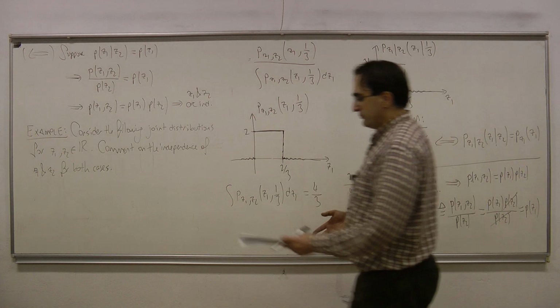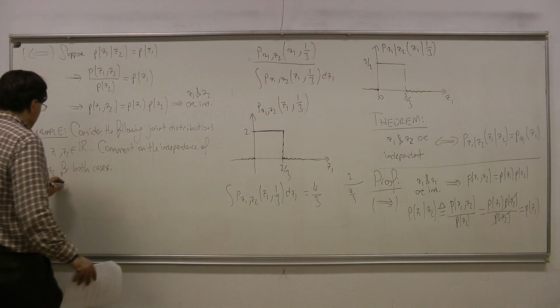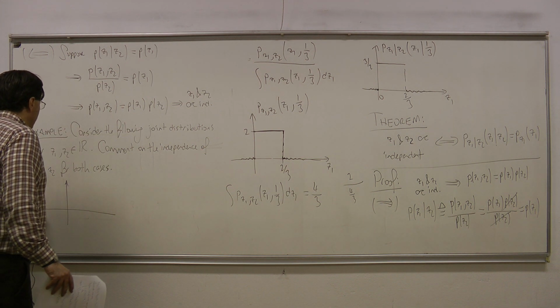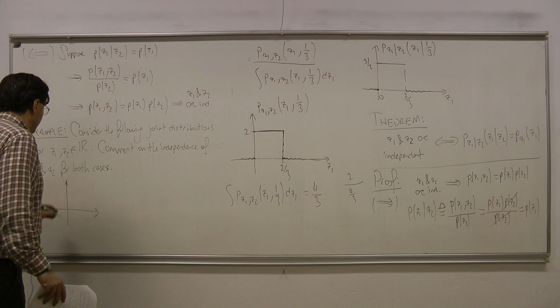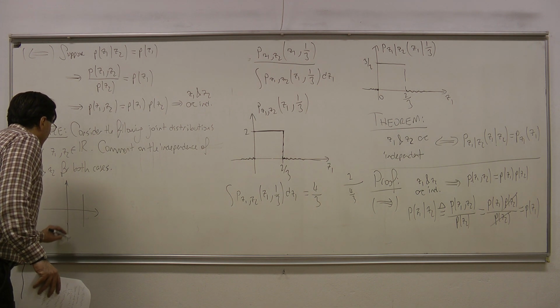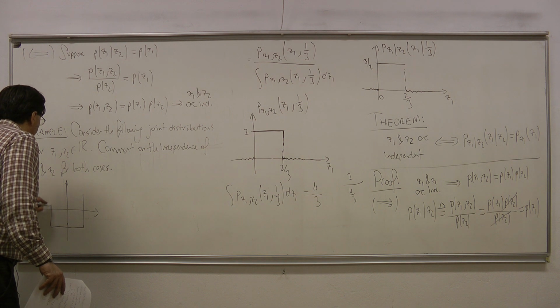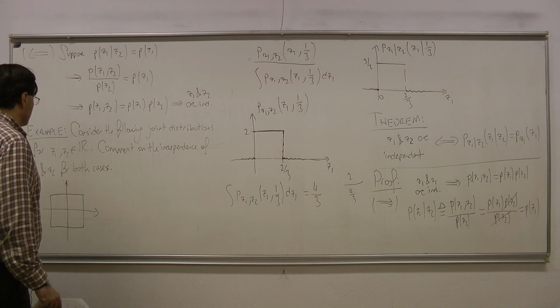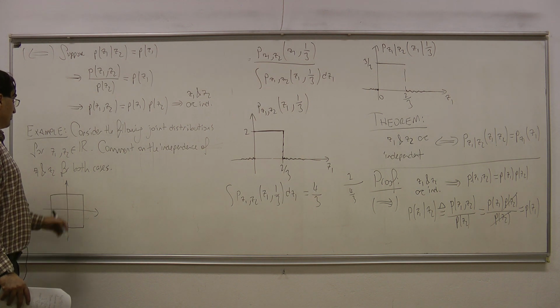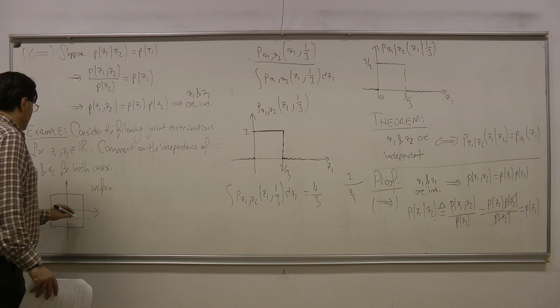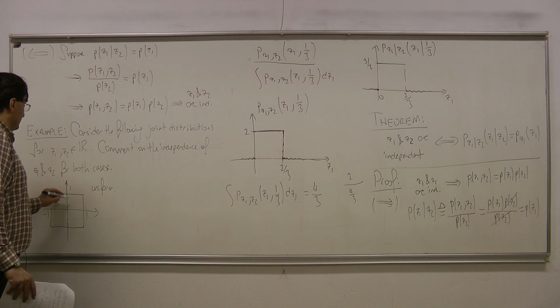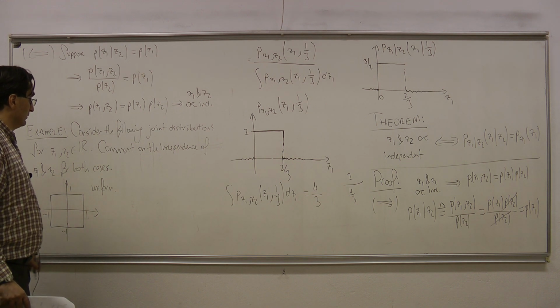So the examples would be similar, with Z1 and Z2 similar to the earlier example. In the first case, I would have a square, and on this square, the joint distribution would be uniform. Here the points are 1, minus 1, 1, and minus 1.